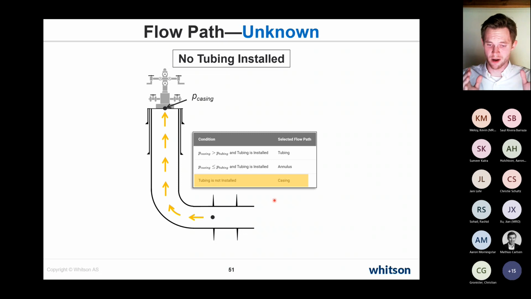If that happens very often on like almost a daily basis, then unknown is probably better, because you would see that the casing head pressure and tubing head pressure would flip up and down, and the unknown flow path would take care of that automatically. So two ways of doing it, if I understand your question correctly.